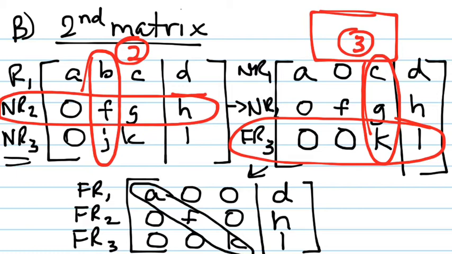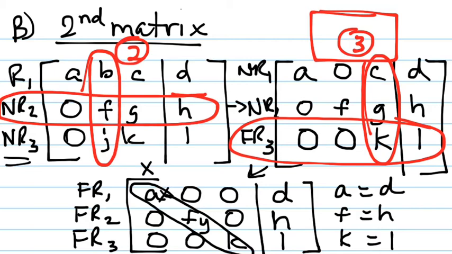So all we have to do is then solve these equations, remembering that this is where the x is, so that's ax. This is your y, that's your z. So you solve the top one for x, and then etc. So it's ax, fy, kz.